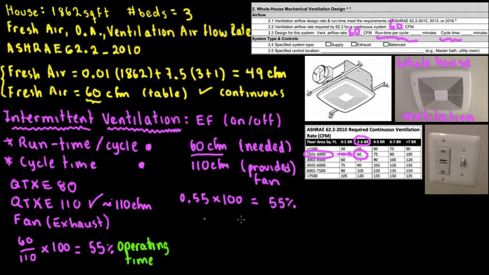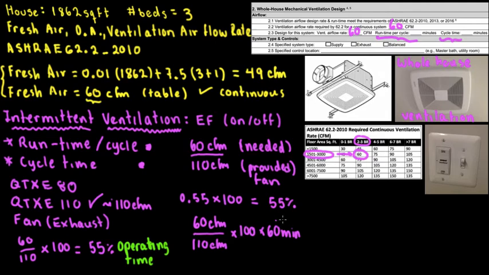Let's make this formula a little bit better. I want to generalize everything so that it's quicker and easier. 60 CFM, and I'm sorry for the redundancy, divided by 110, times 100 to make it a percentage, times 60 minutes, so that you're putting in an hour.